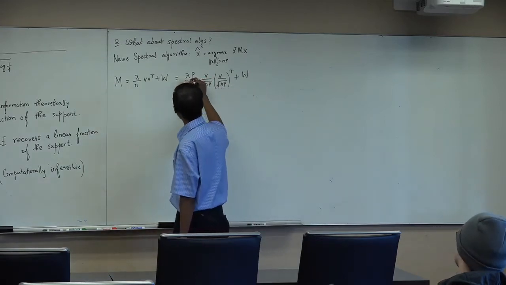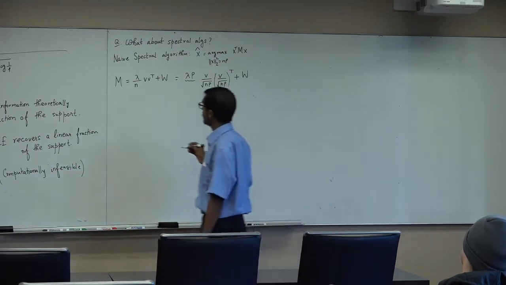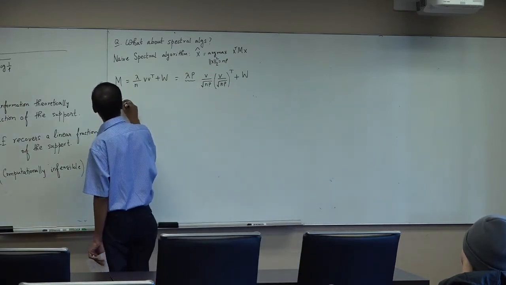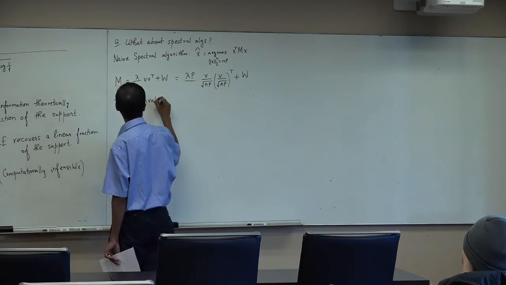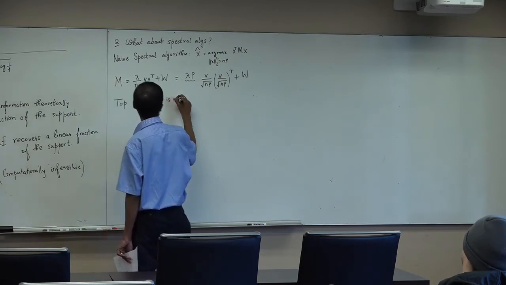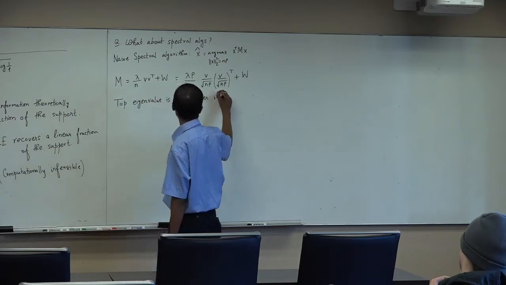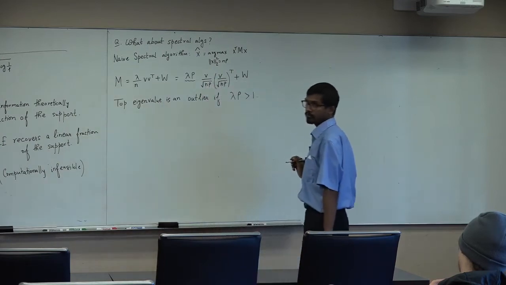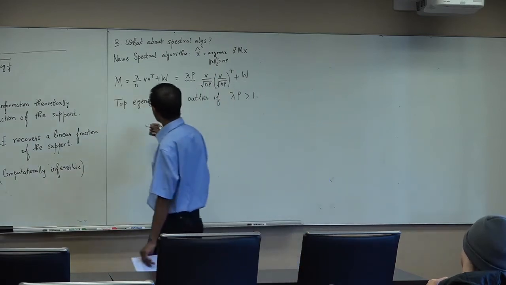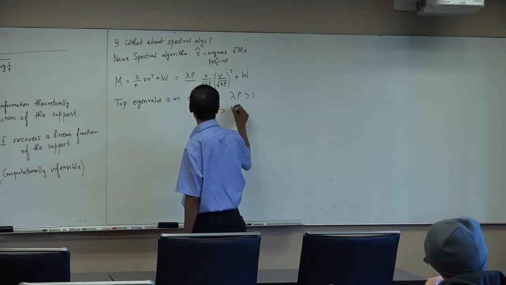Our random matrix results essentially say that the top eigenvalue is an outlier if lambda times rho is bigger than 1, or effectively lambda bigger than 1 over rho.